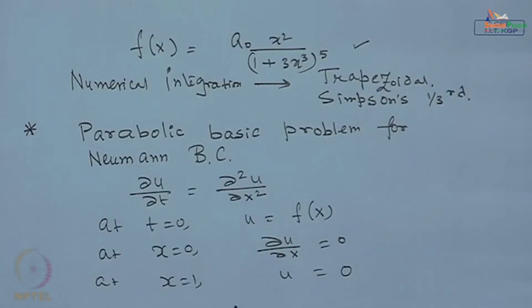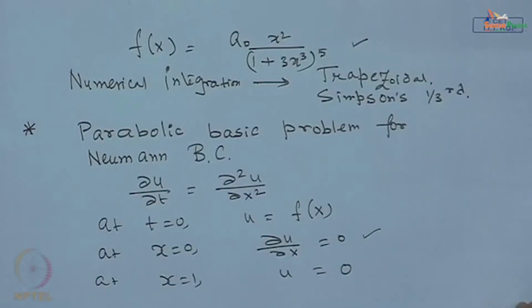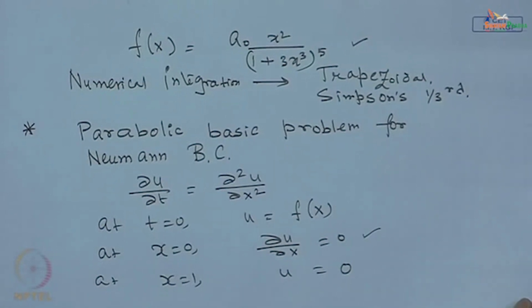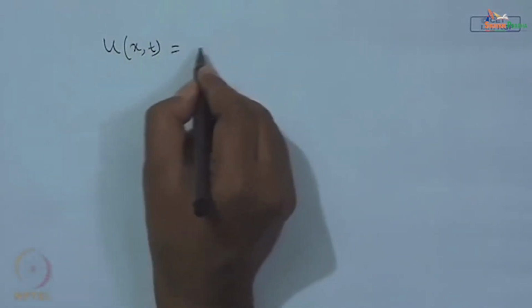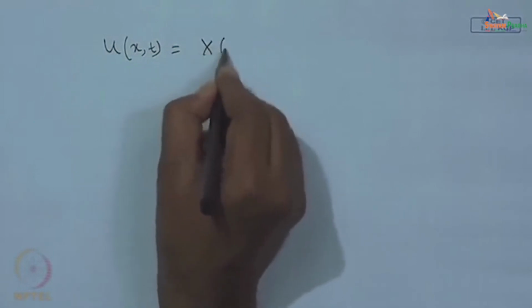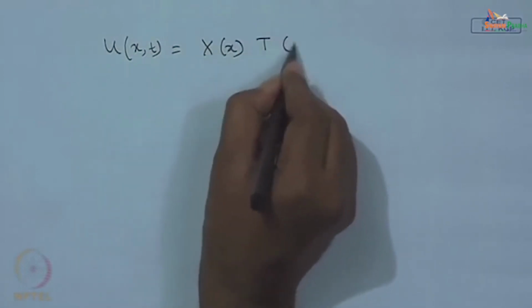Now, only one non-homogeneity is present in the governing equation, but this boundary condition is a Neumann boundary condition. So, again we solve this problem by using separation of variables. So, u has to be a product of two terms, one is assumed to be a function of x alone, another is a function of time alone.